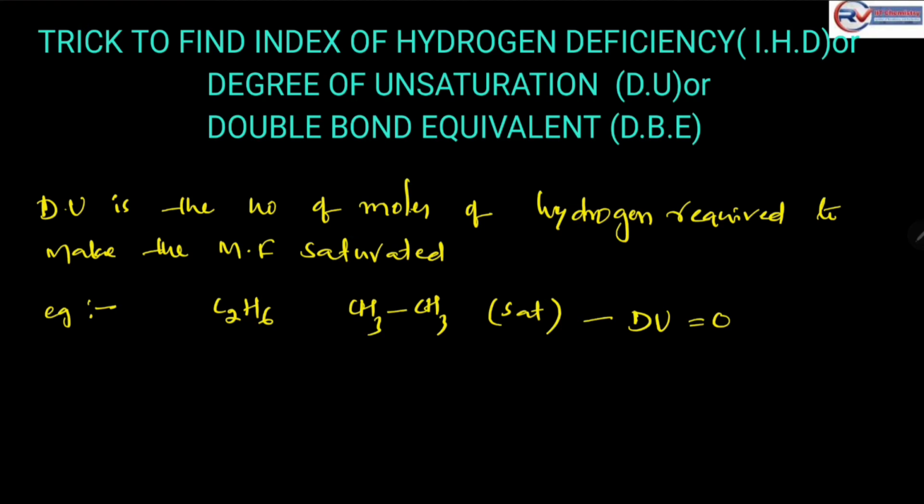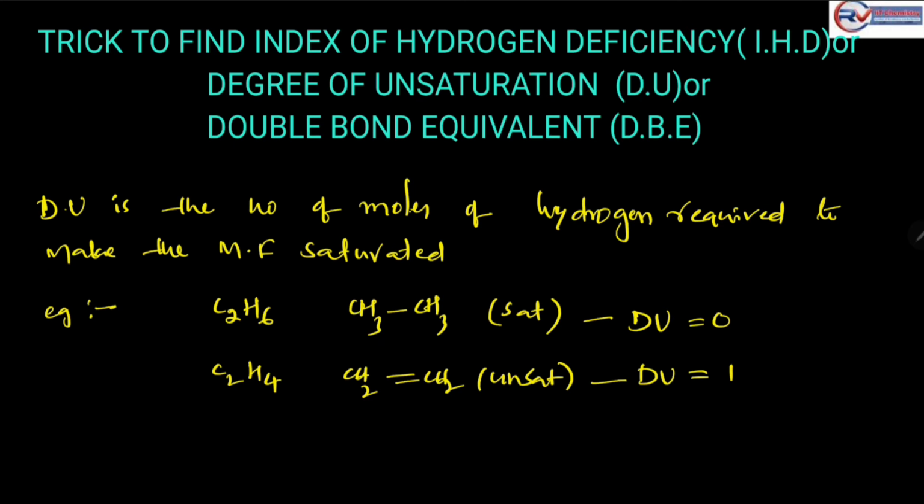If the molecule is C2H4, it's CH2 double bond CH2. Carbon having a double bond means it is an unsaturated compound. For the unsaturated compound C2H4, its DU equal to 1.